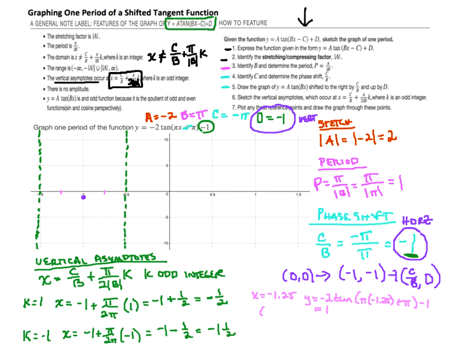So I have the point (-1.25, 1), which is right here. And then if x is -0.75, I put all that into my calculator, and I get out that y is equal to -3. See, 1, 2, 3, about right here.